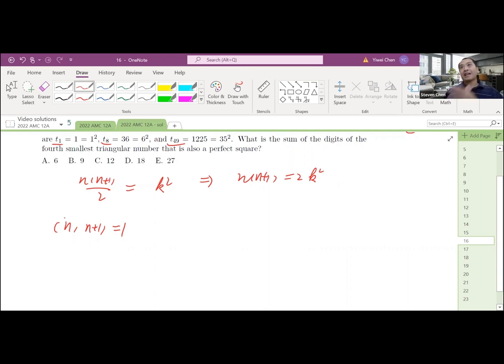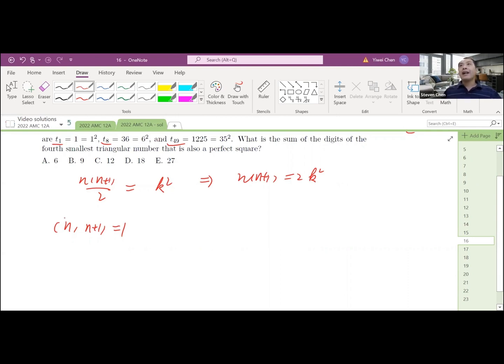After doing the prime factorization, to make the equation hold, we have to assign some factors on the right-hand side to the first term on the left-hand side, n. And we have to send the remaining factors on the right-hand side to the second term on the left-hand side, n plus 1.